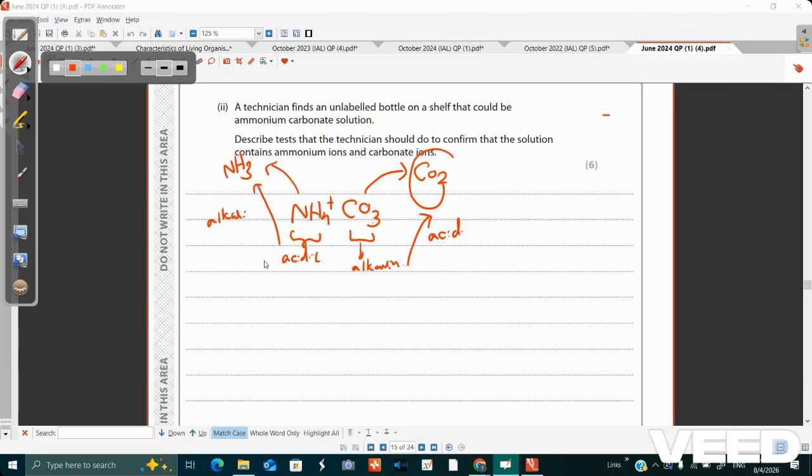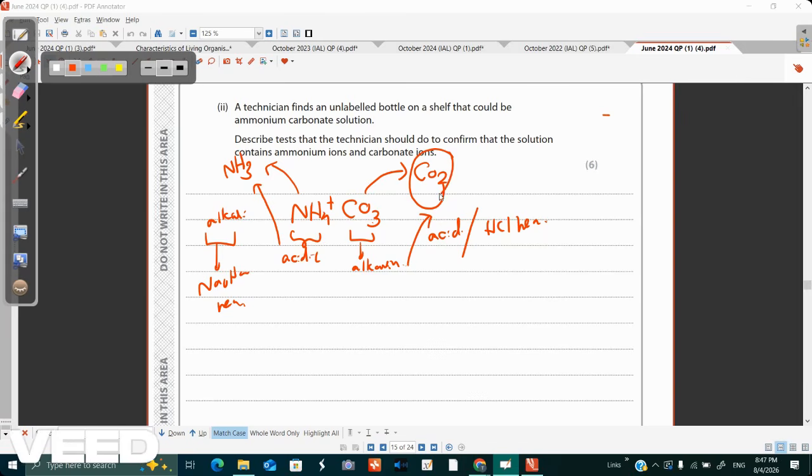So separately, you take two separate mixtures. Alkali means sodium hydroxide and heat. Acid means you can add HCl and heat. So these are two different experiments.